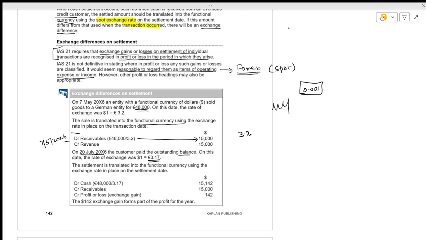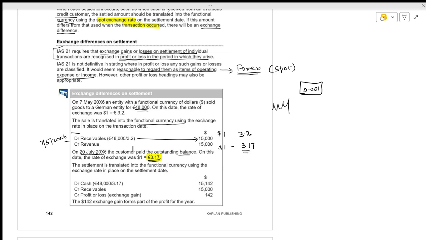It was 3.2 for $1 on 7th May. Now $1 has become 3.17 euros. The settlement in the functional currency will take place with respect to the spot rate. This is the rate at which the settlement is going to be done.